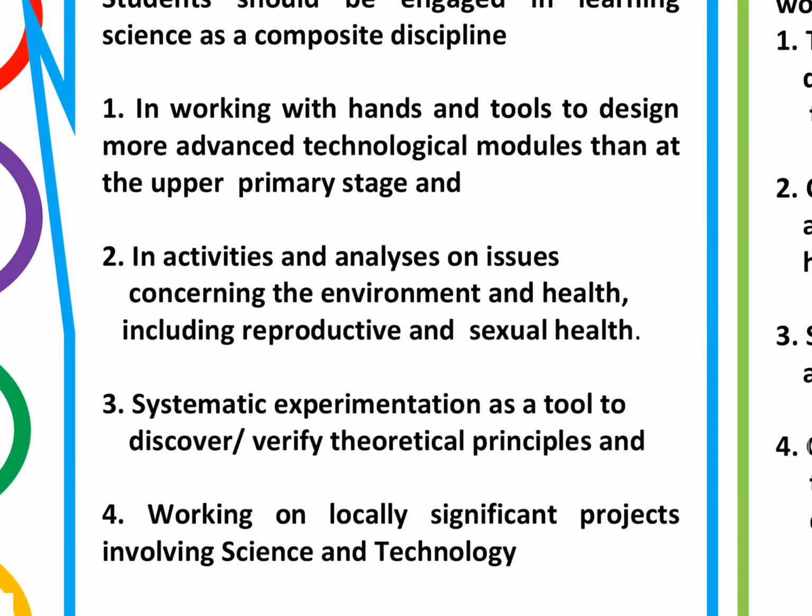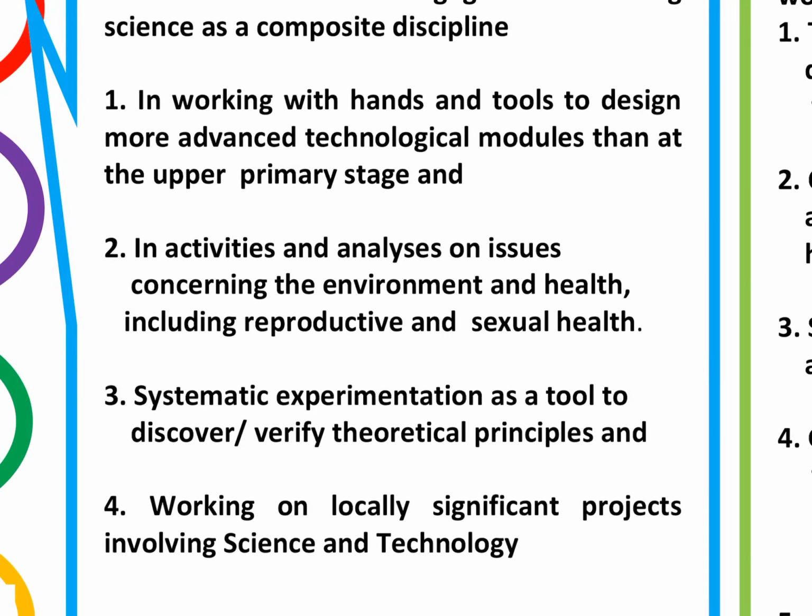And another aim and objective is that the science curriculum should enable the learners to participate in different activities, and also to make them able to analyze the issues concerning the environment and health, including both reproductive health and sexual health.